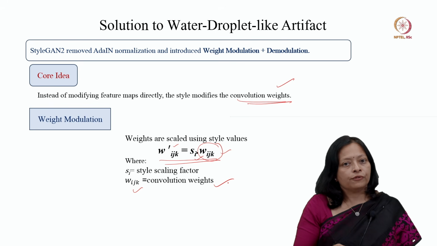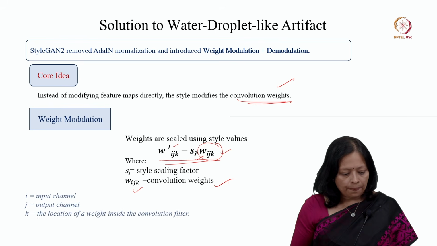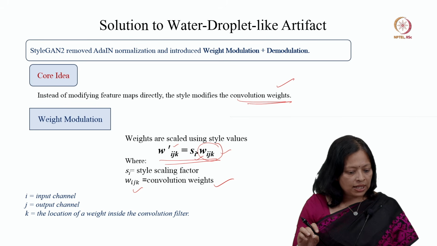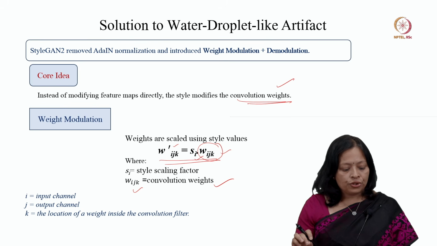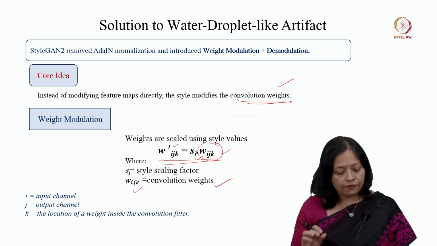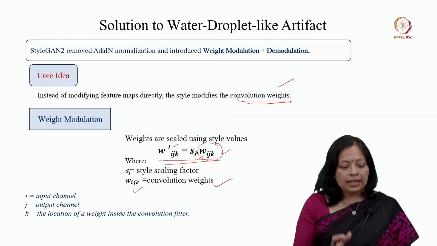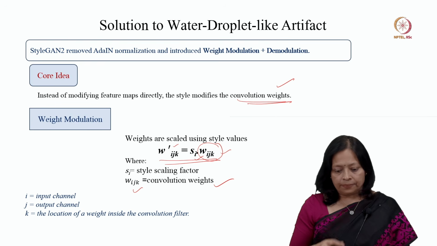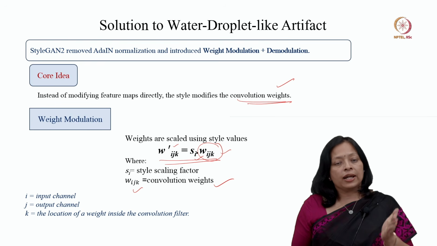Wij are the convolution weights. In Ijk, I represents the input channel, J represents the output channel, and K represents the location of the weights inside the convolution filter. So, what is happening in weight modulation? We are modulating the weights of the convolution filter instead of modifying the feature maps.